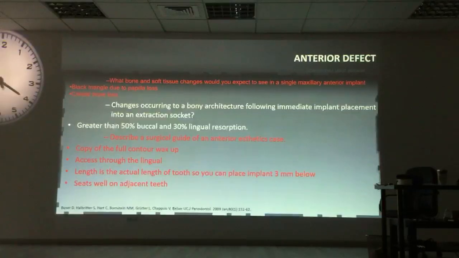So this is something that you should expect. 50%, that's a lot of percent. 50% and 30% lingual. Why is lingual less? Thick biotype, and there's no frenum. There is nothing pulling the palatal area. Only buccally, you have frenum, you have movement, you have muscles, you have lips, moving, pressing and pulling.